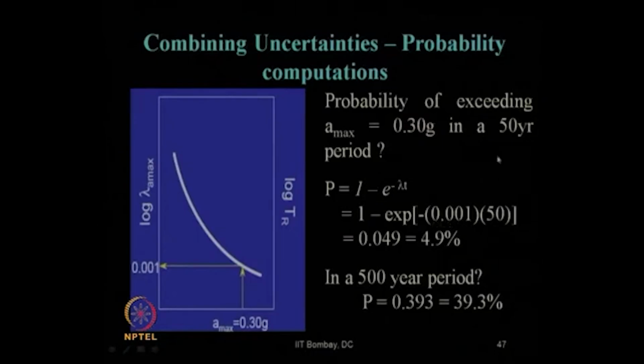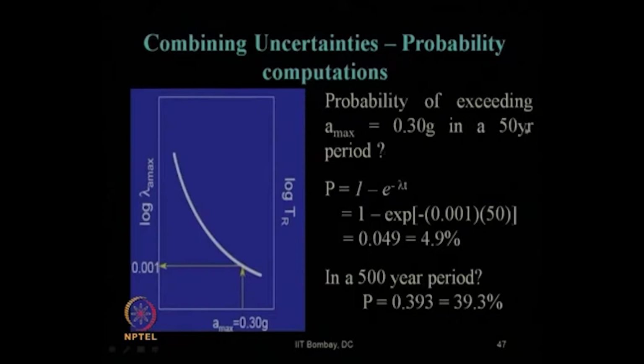You put it here. Now, you are interested to know, in a 50-year span of time, the probability of exceeding that 0.3 g. So, put t equals 50 over here, and the probability comes out to be say 4.9%, a very low probability.